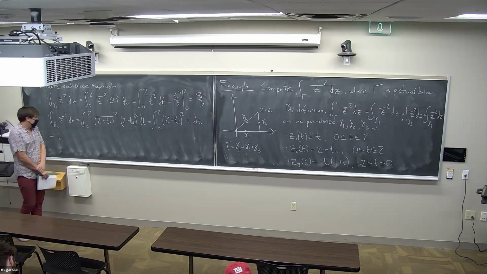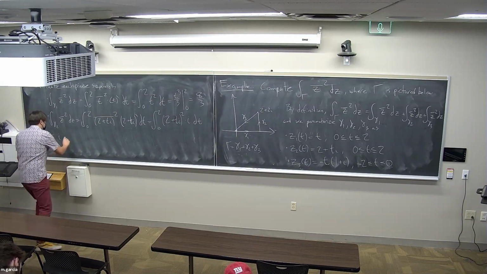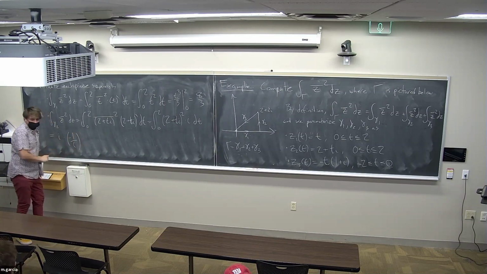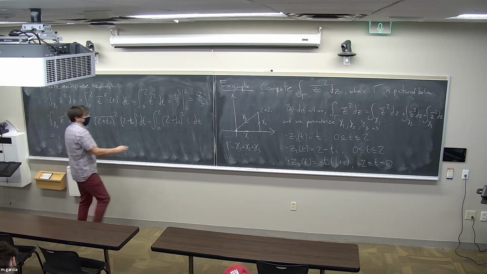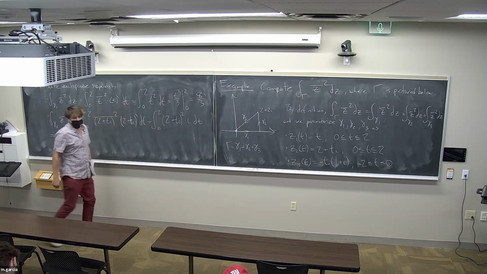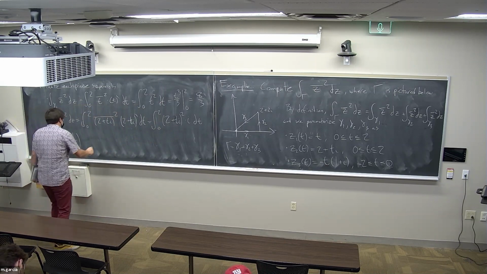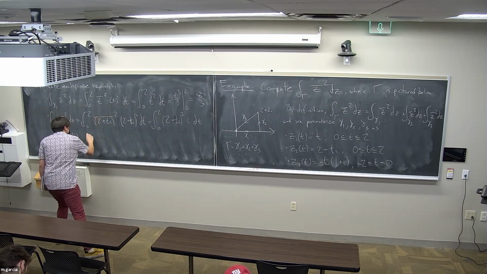Negative i, right. So that means we're going to divide by negative i in our final result, right? Okay, and then we just have a u in here. What's the antiderivative of u squared? It's u cubed over 3, and I'll just plug u back in as we go.